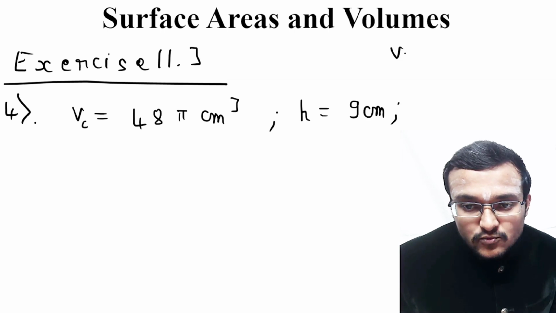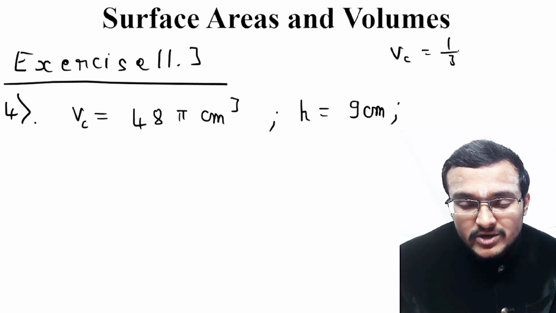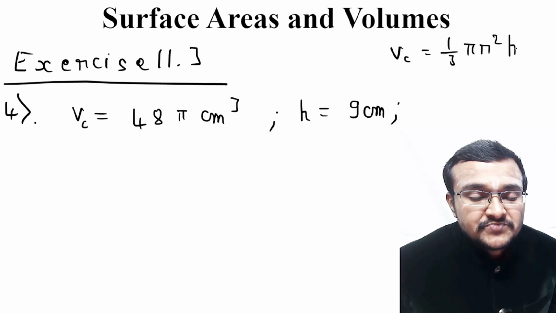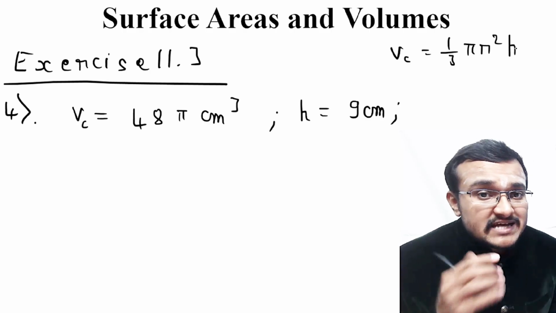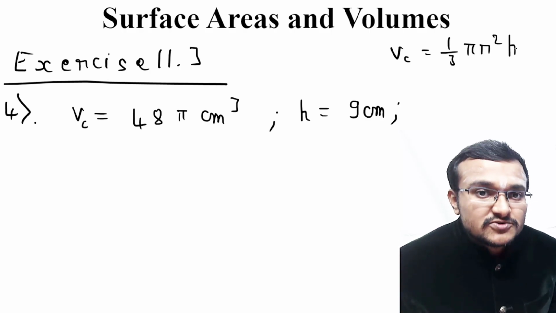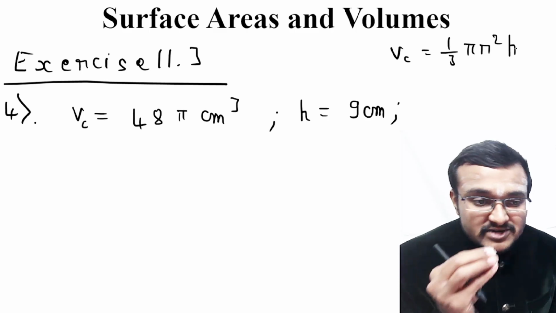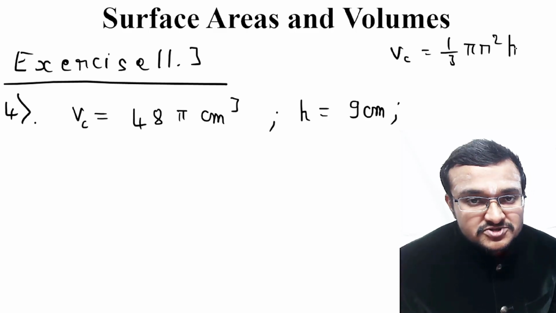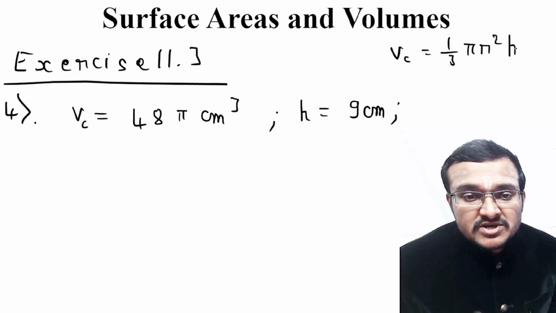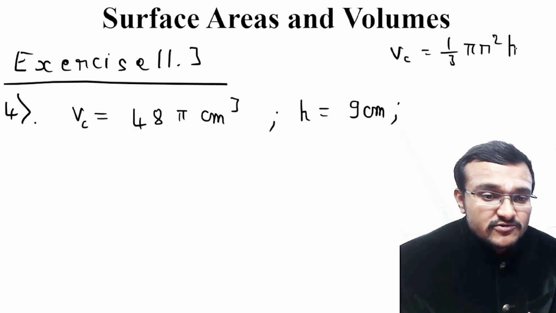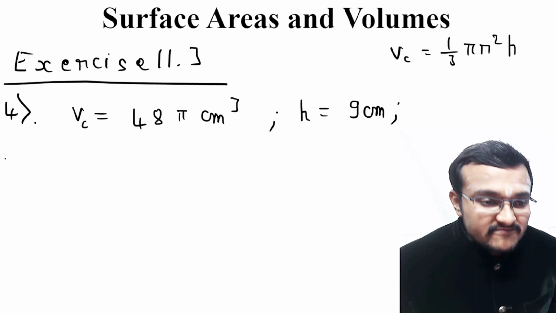So we know that volume of cone is equal to 1 by 3 pi r square into height. So in my previous videos, I had explained about the formula also, and also I have explained the solutions for the first to third question of this exercise 11.3. So please refer to those videos before moving into this particular video.